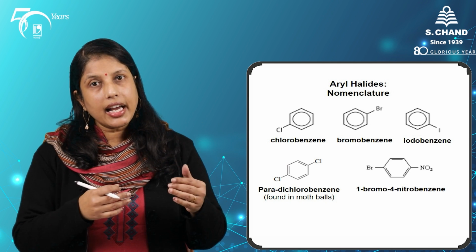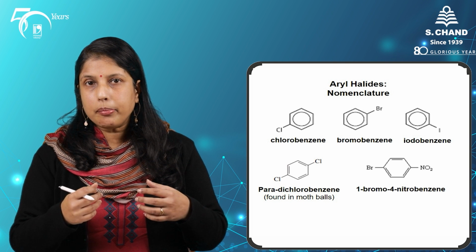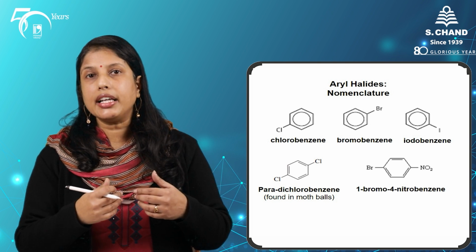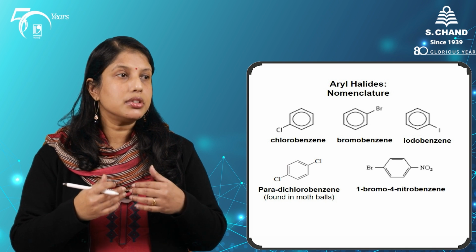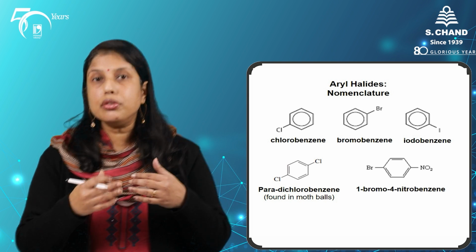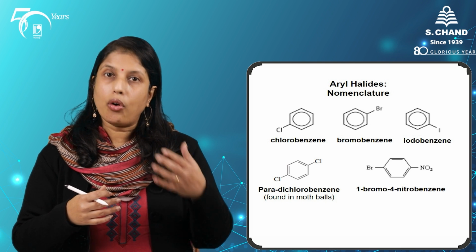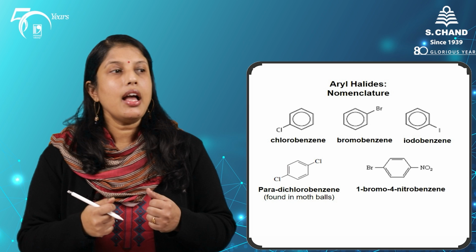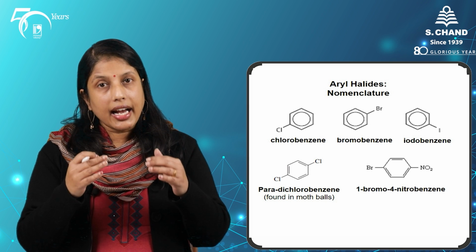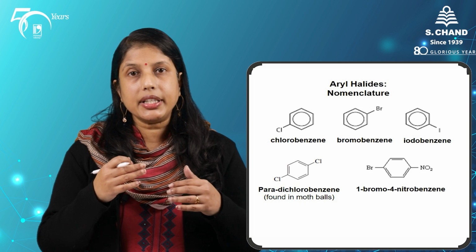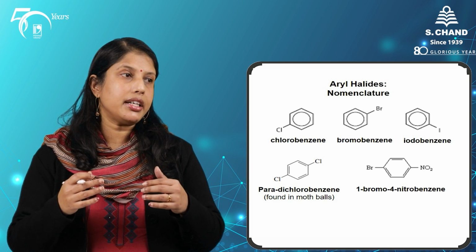Since our aryl halides are also aromatic compounds, the nomenclature rules typical to that of our aromatic compounds will also be followed. So we can use the terminology of ortho, meta and para. And as always, different substituents are going to be named in an alphabetical order.